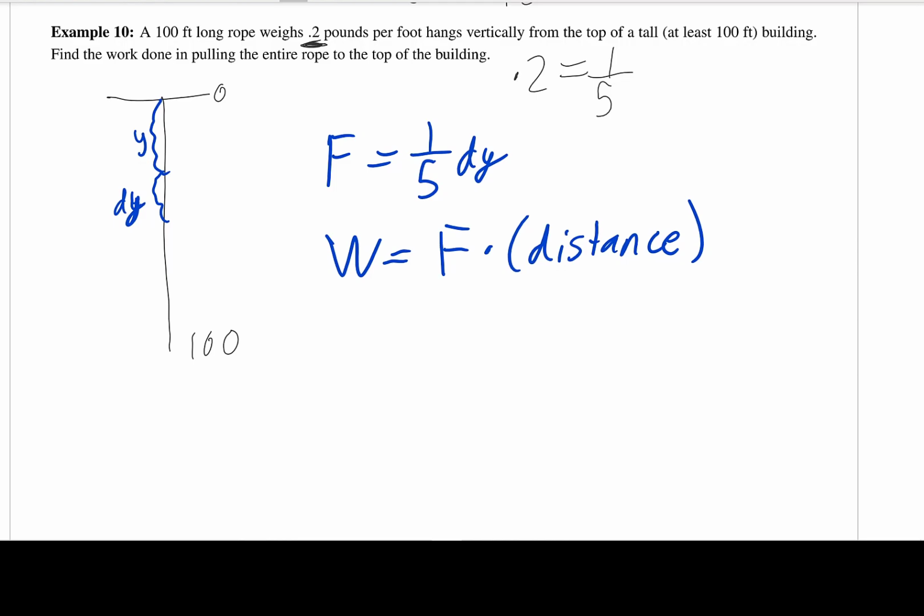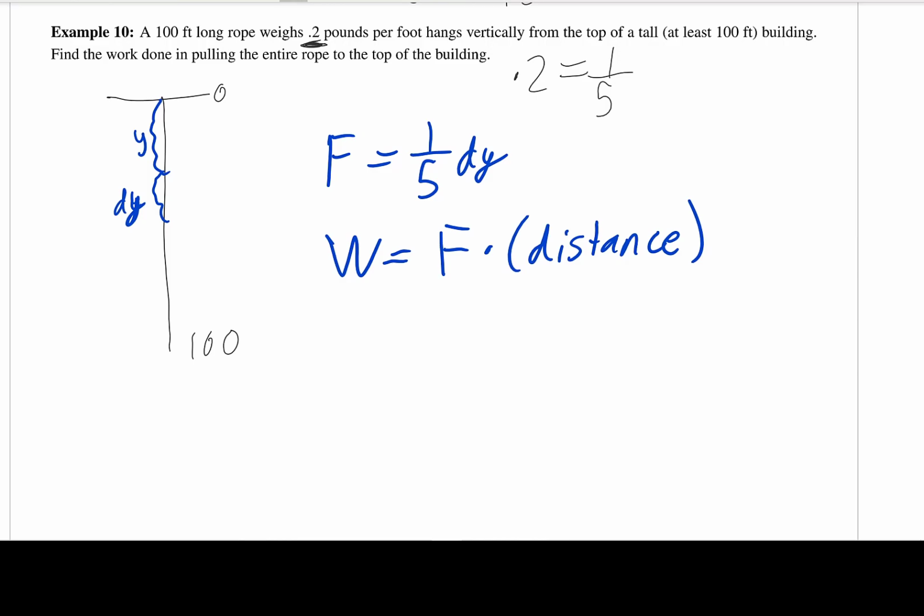The reason I've gotten 1/5 dy right here and not the total weight of the rope is because I only want to look at one part, right? We're not instantaneously pulling the entire rope onto the top of the building at one split moment. Over time, we're pulling more and more of the rope, right? Which means that our rope will get shorter and shorter, so the weight that we have to pull is lighter and lighter.